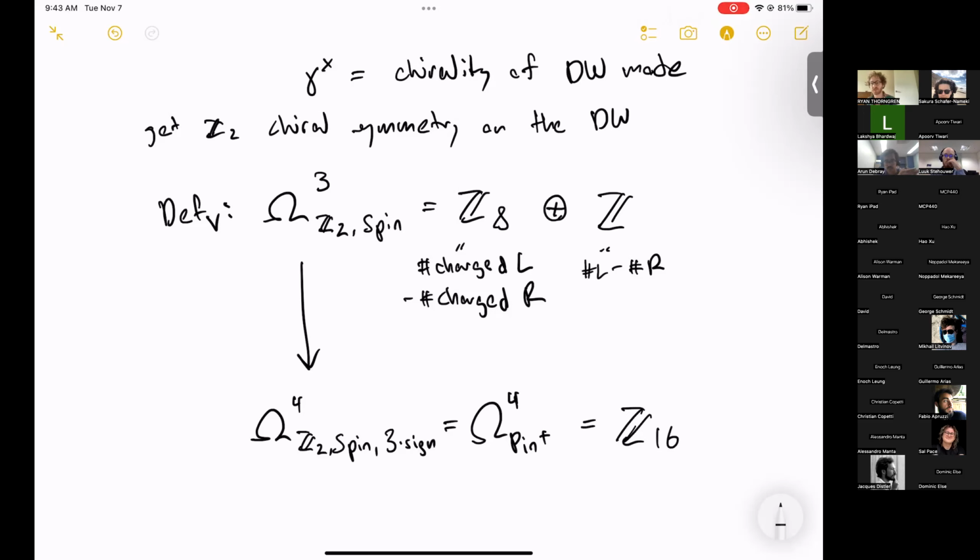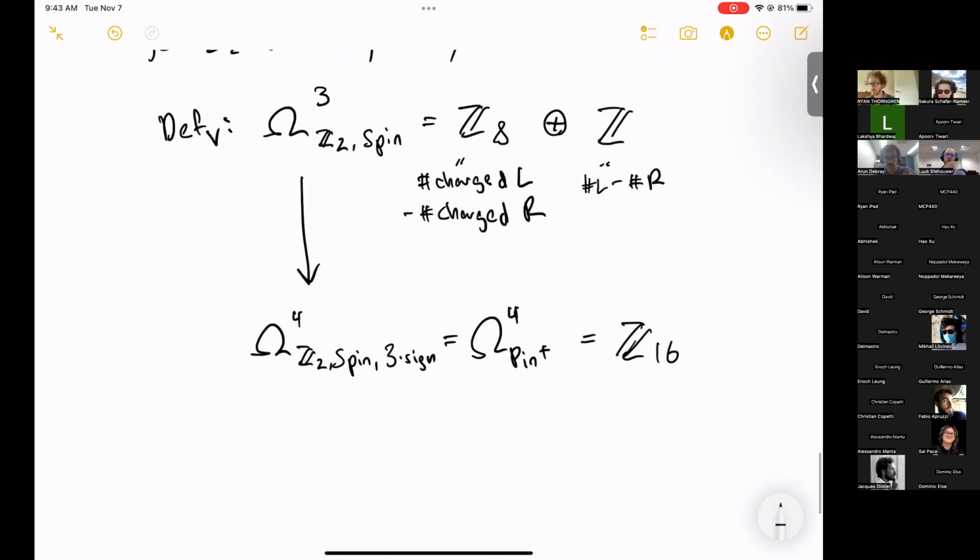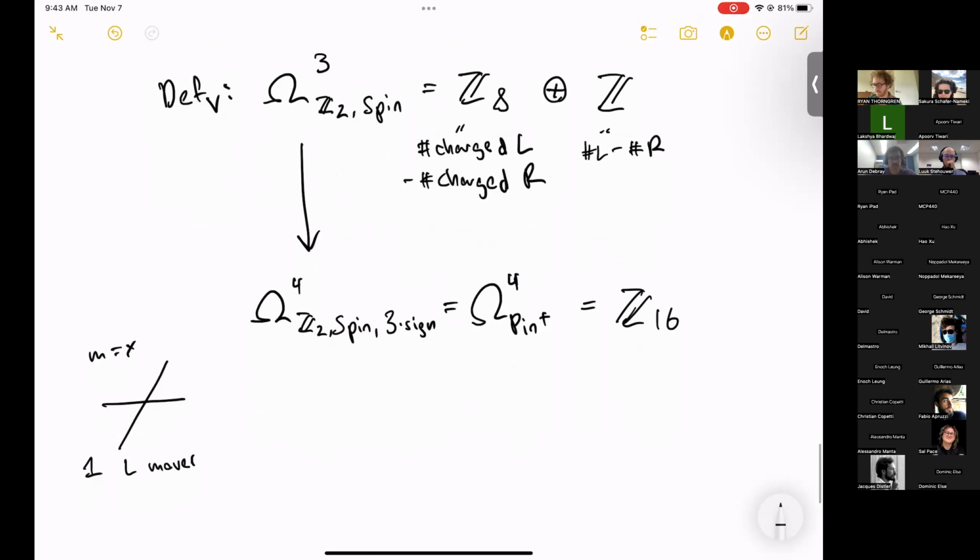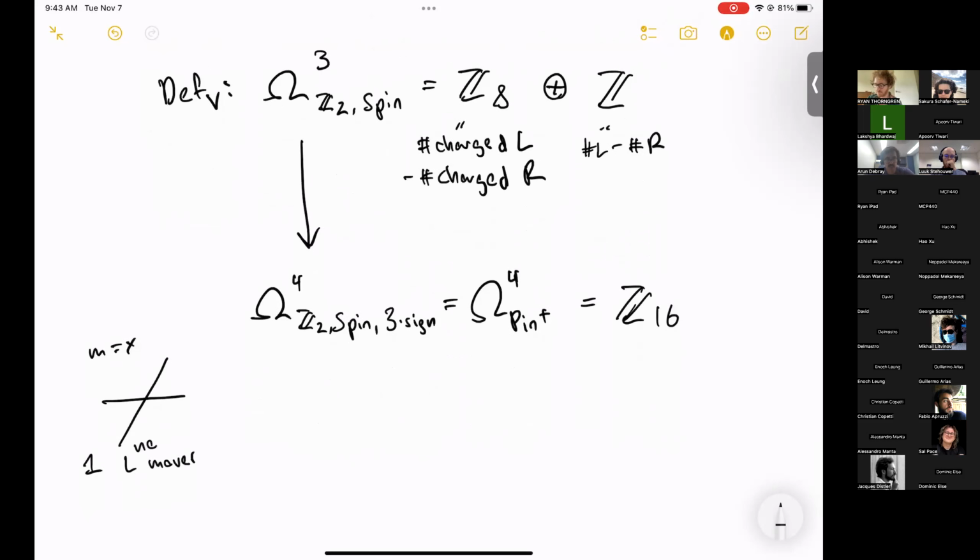Well, we computed one instance of this map. For this mass profile, we found one left mover, which was neutral. So we found one neutral left mover.